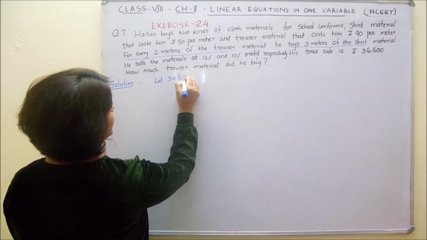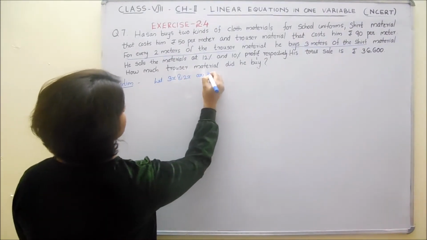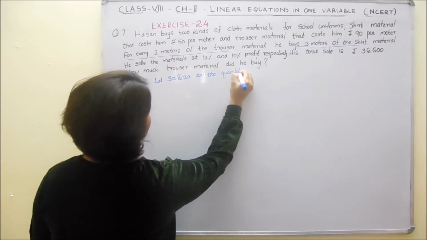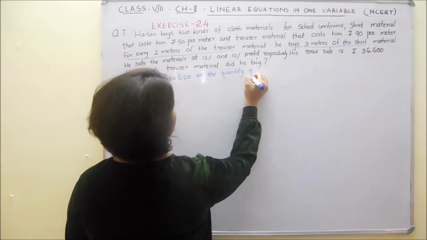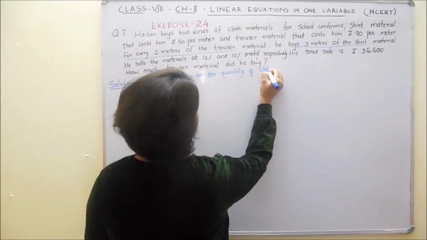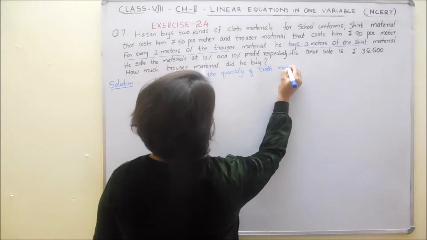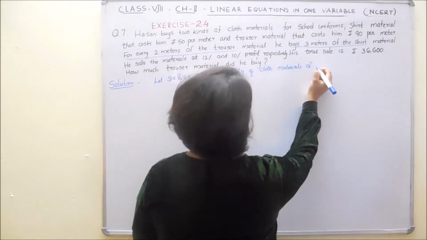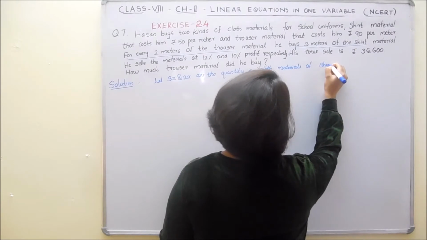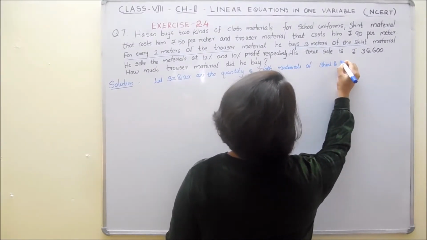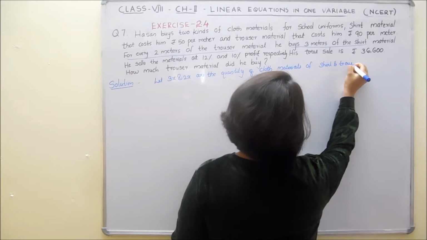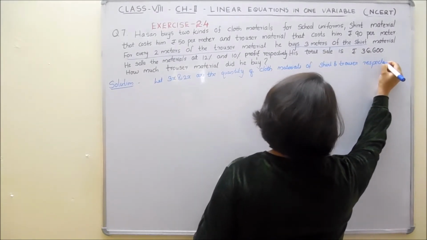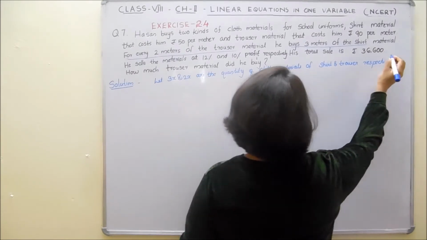Let 3x and 2x be the quantity of cloth materials of shirt and trouser respectively. Right? Yes.